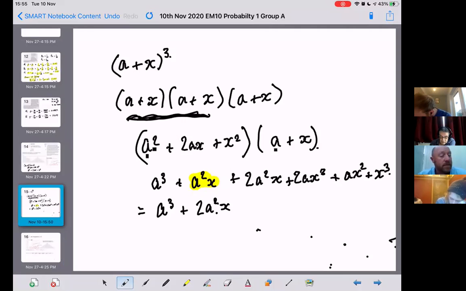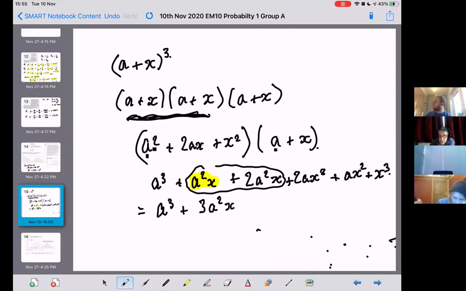So what it becomes is we've got ax squared plus 2ax squared is 3ax squared. And a squared x and 2a squared x is 3a squared x. That's brought those two together. And then we've got 3ax squared plus another ax squared is 3ax squared plus x squared.